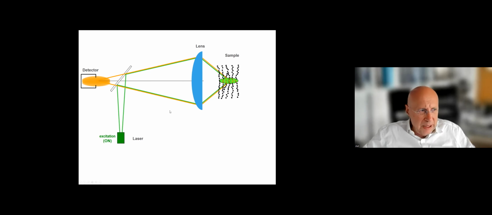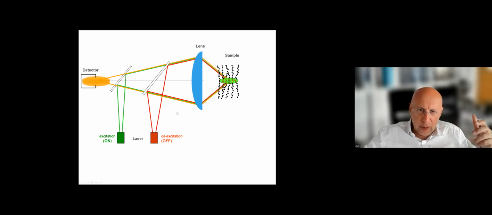But being trained as a physicist, I knew not only can you use light to turn molecules on so that they fluoresce, but you can also use a blob of light to turn fluorescent molecules off so that they don't fluoresce, provided that you use the right wavelengths. It's redshifted. So if it is green light, it has to be red light. It has to be the so-called emission spectrum of the dye that is just designed to turn molecules off.